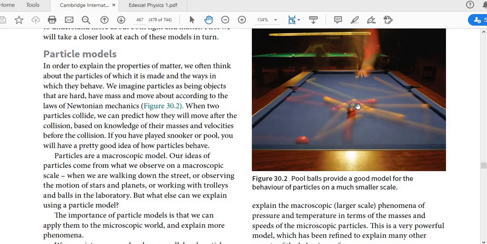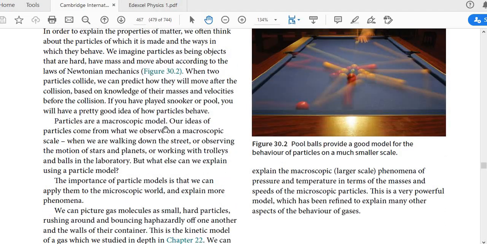For example, if it comes to a gas, we have pressure, temperature and volume of a gas. We can explain this in terms of the kinetic theory. Kinetic theory means it will be at the microscopic level, where it deals with particles. So temperature, pressure, volume, those are at the macroscopic level. That's what basically is explained here in this chapter.